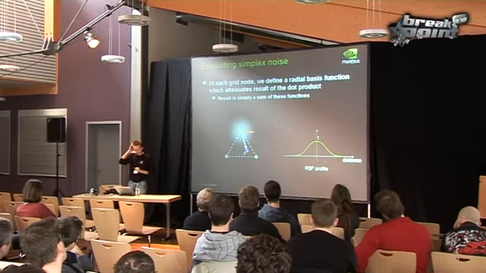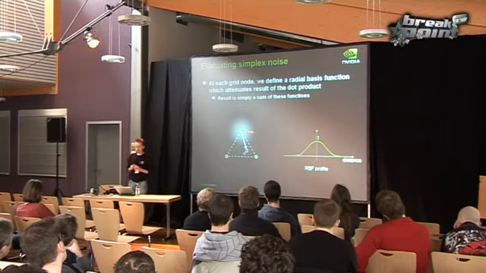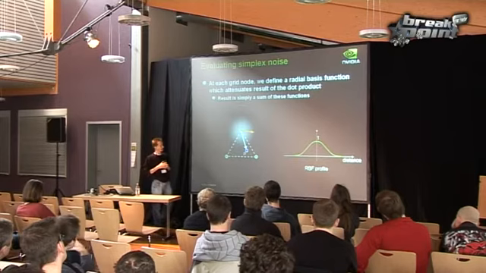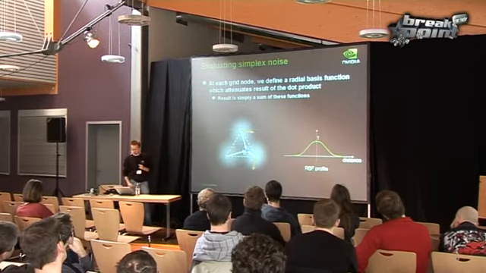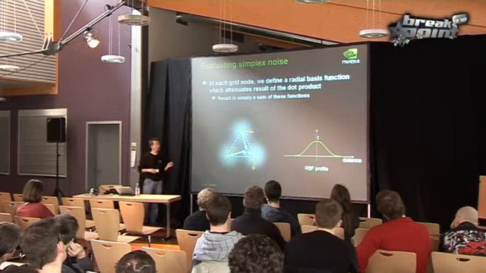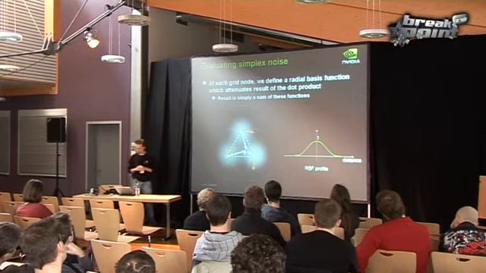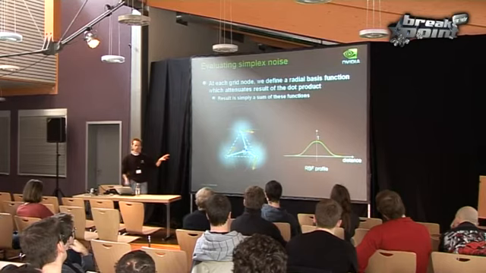We take these radial basis functions and use them to attenuate the value of our dot products calculated at each grid node. The result is simply a sum of these values. Again, it is much easier to evaluate it in this form than to perform actual linear interpolations.